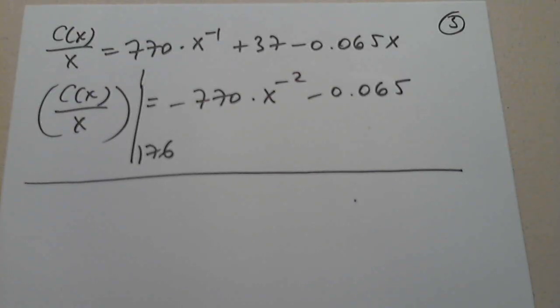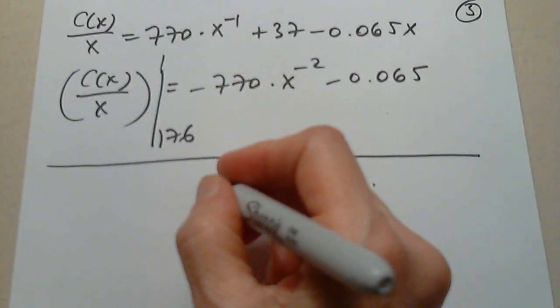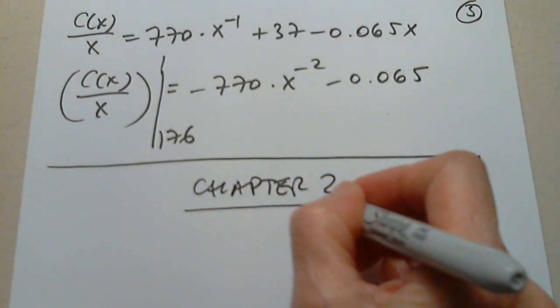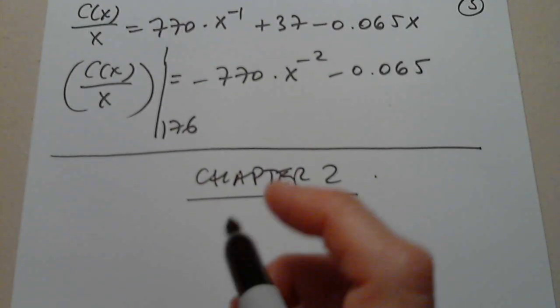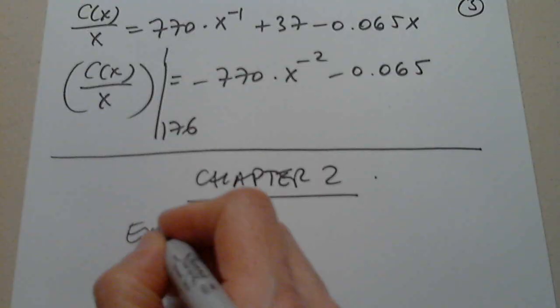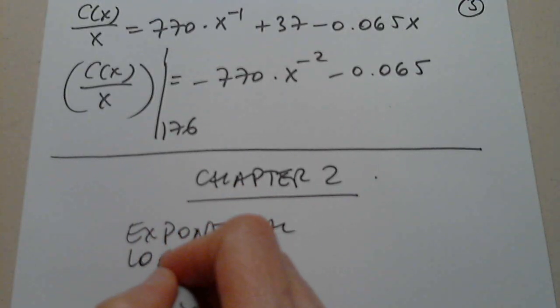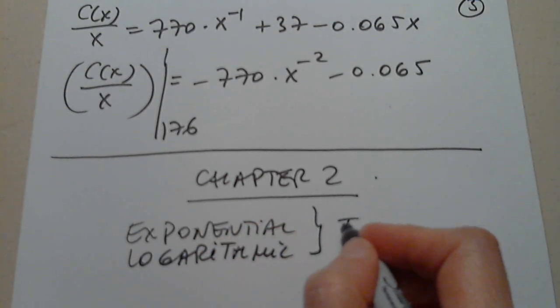Okay, in that case, and you can always stop me, let's continue with chapter 2. A lot of algebra in chapter 2. We are going to look again at two functions, the exponential and the logarithmic functions.